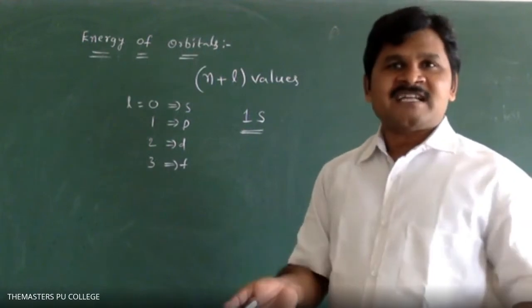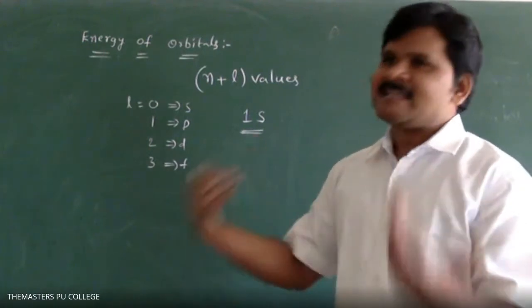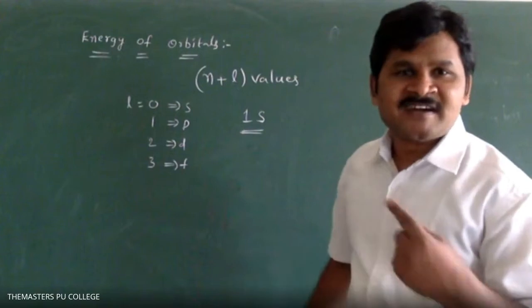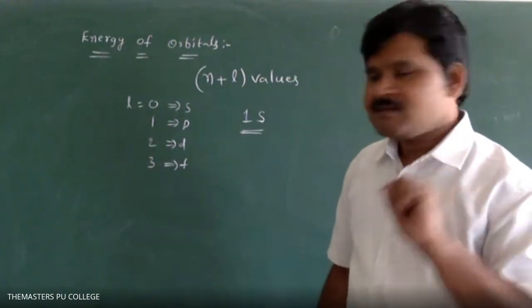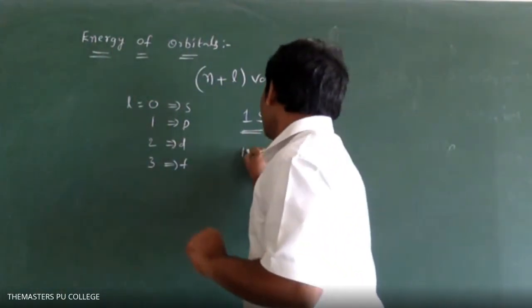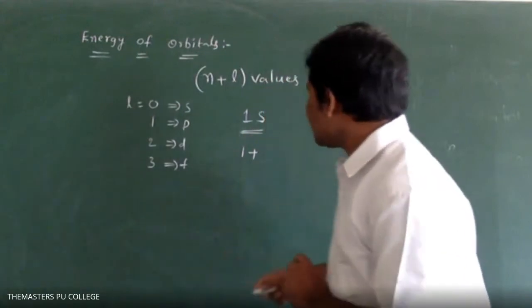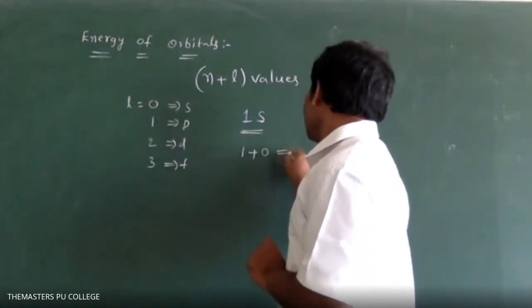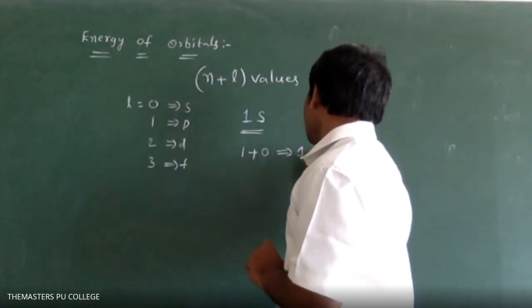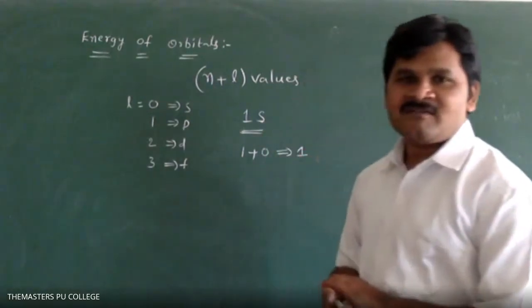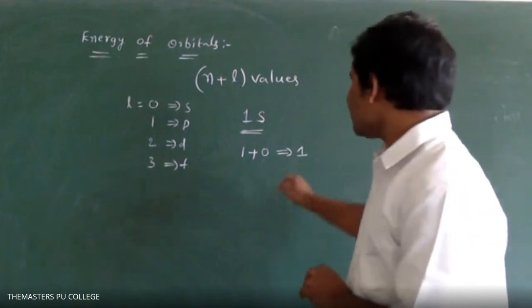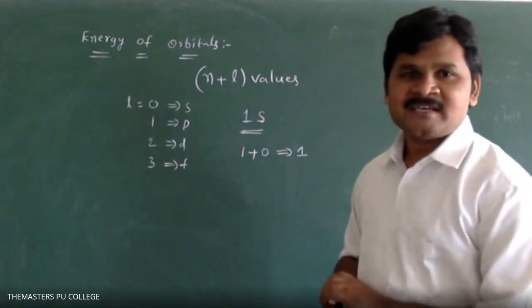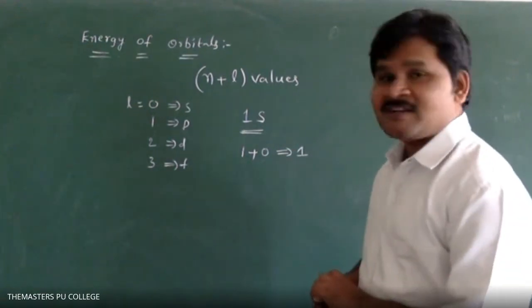The number there is 1, so n is 1. What is the L value? 0. So 1 plus 0, 1 is the answer. The n plus L value for the 1s orbital is 1.